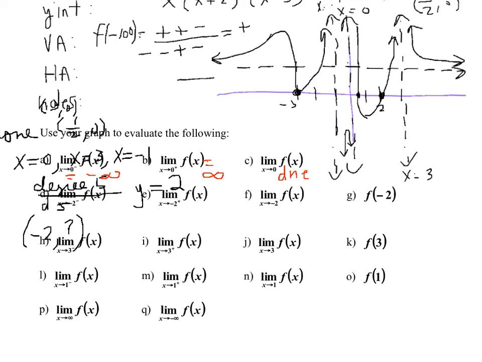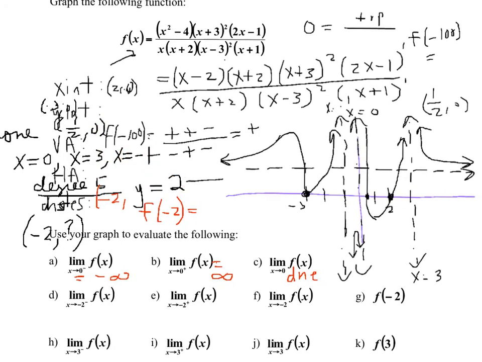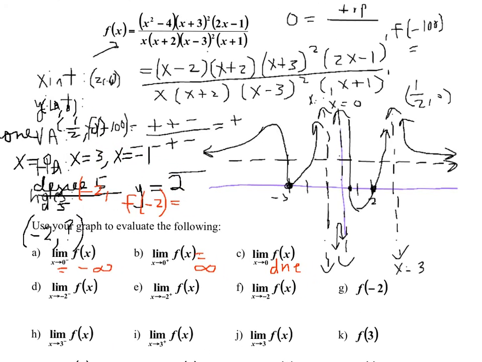One more thing is you have to find out where this hole is. So what you need to do is put in the value. There's definitely a hole at -2. And to find what it is, you find f of -2, you put it into the function everywhere except where you can't, which is at -2. So I got to look back here. I'm going to put f of -2 back into this thing.